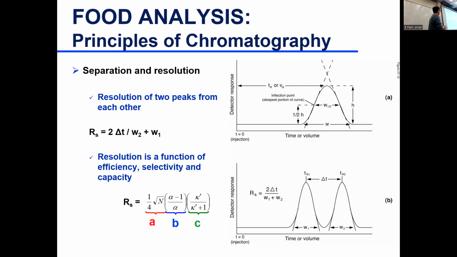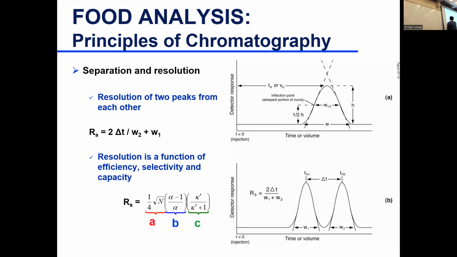So resolution, you can actually calculate resolution. The equation of resolution here is 2 delta T over W2 plus W1. Delta T is the difference between the retention time for peak 2 and the retention time for peak 1.